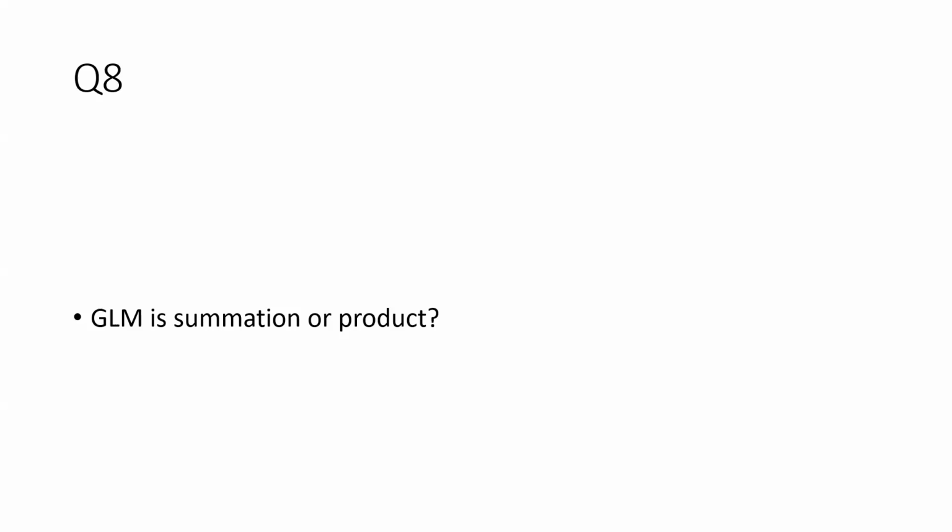If you take the exponential of your response variable, then GLM is a summation. But if we just look at the response variable, it's a product. So no one gets the answer, I guess. Next one.